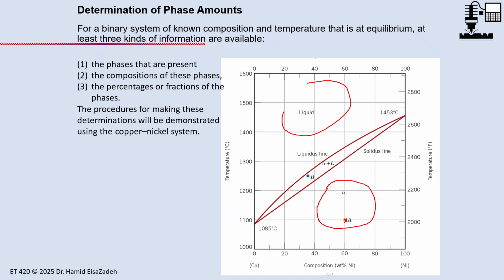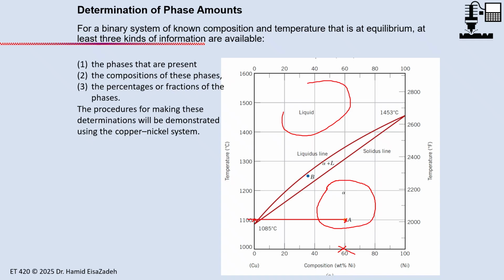You just need to locate the temperature. First of all, say the temperature is given and composition is given, then you can say this is a phase.